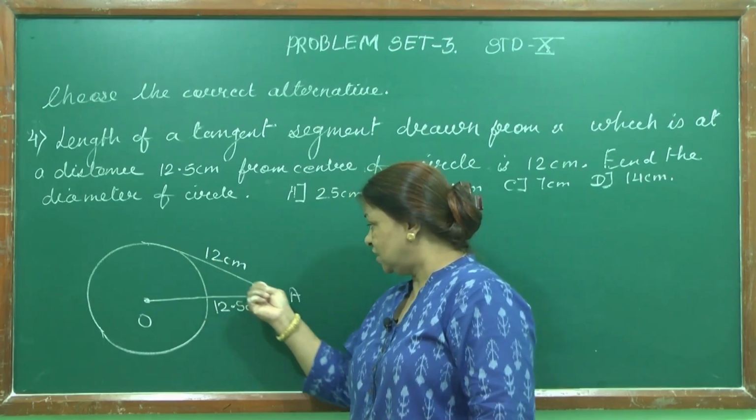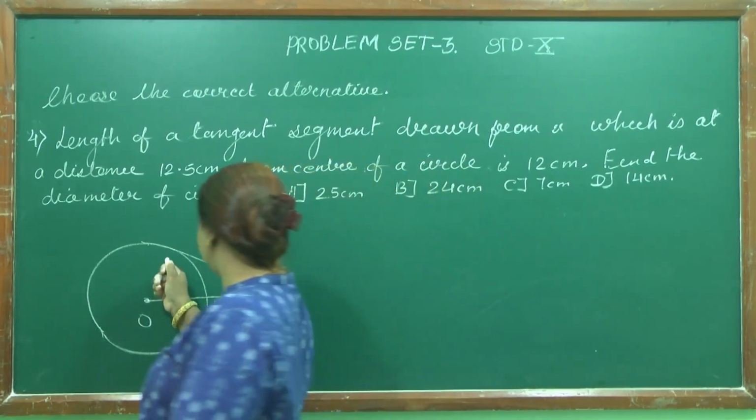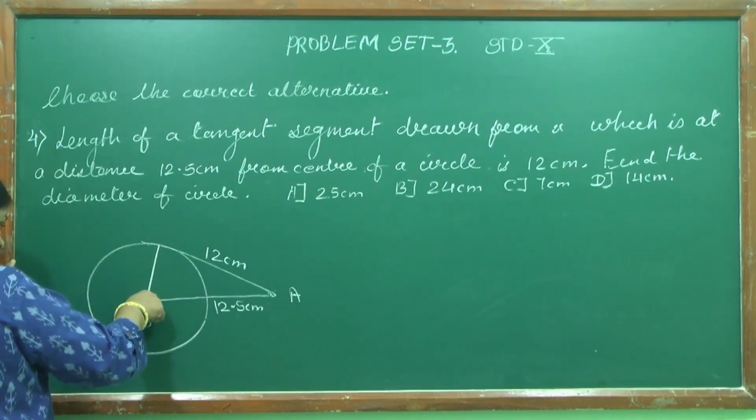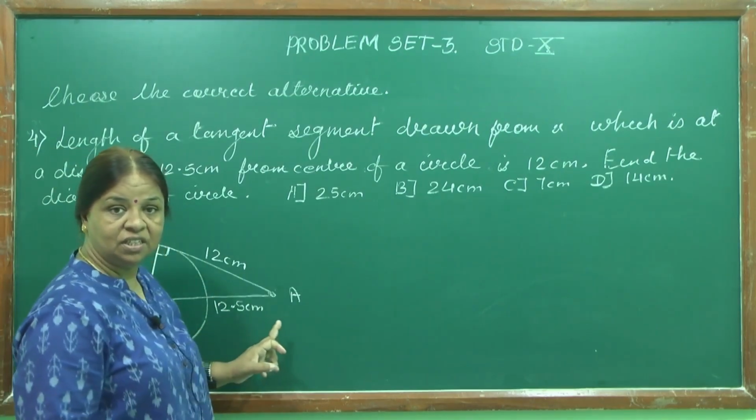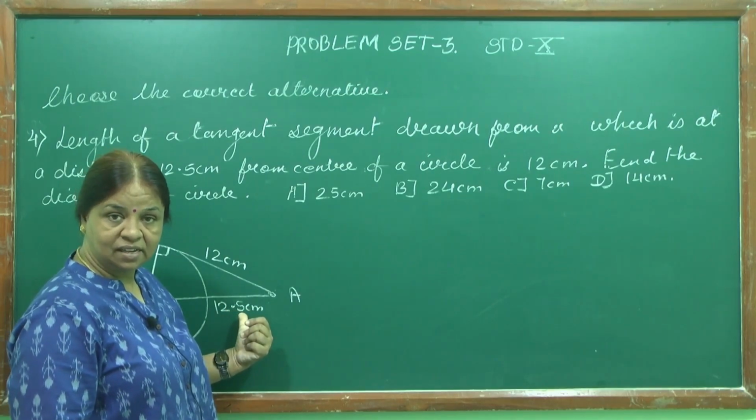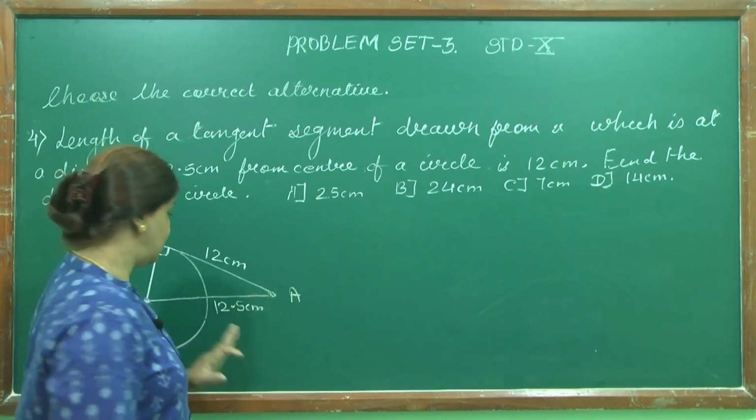This is the tangent and I do a construction here. This will be 90 degrees. So which triangle is it, children? It is a right angle triangle. So I can use the Pythagoras theorem.